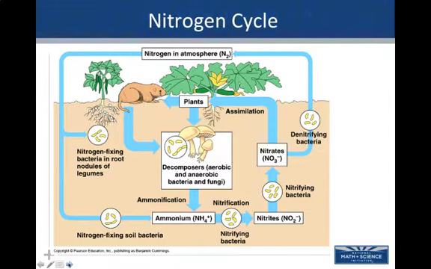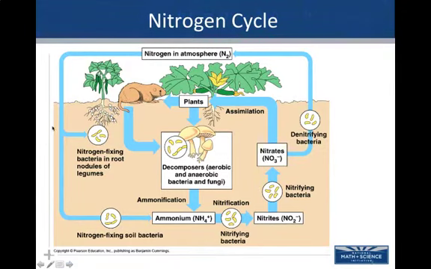You have denitrifying bacteria that convert nitrates back into nitrogen for the atmosphere. You have nitrifying bacteria that transform nitrites into nitrates. This nitrifying bacteria also has the ability to convert ammonium into nitrites. So this bacteria in the nitrogen cycle is not replaceable, and it's very important to understand that.